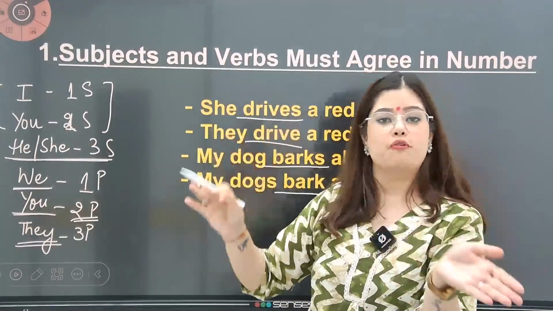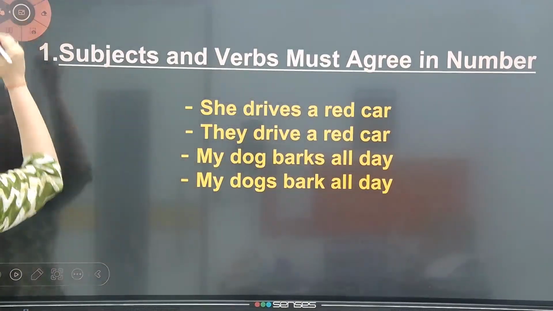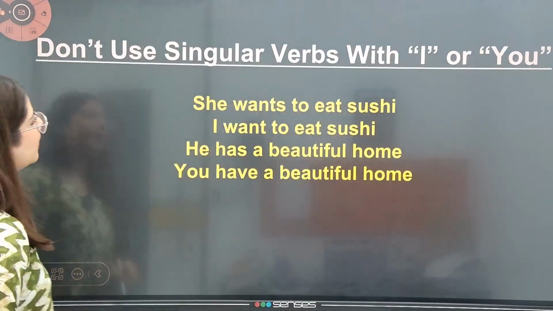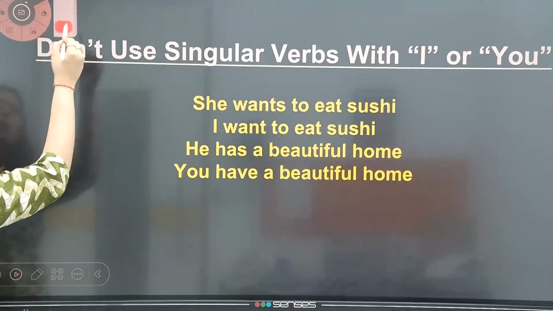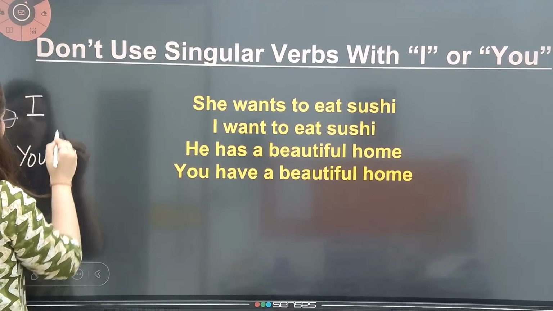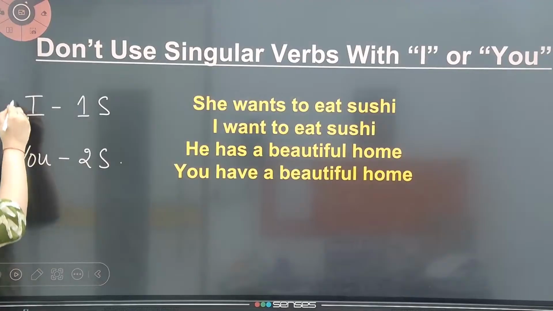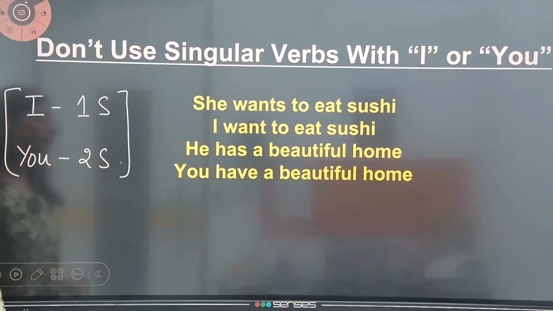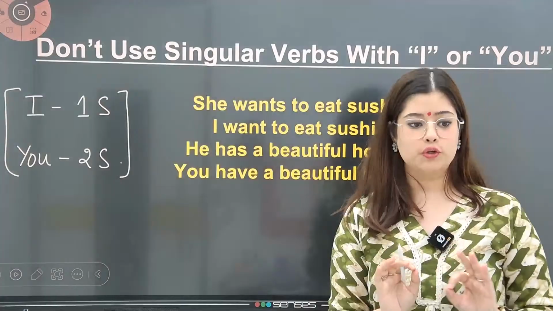So I will quickly move on to the next slide. Now, if we talk about I and you, we said that I and you are first person singular and second person singular. But I and you get special treatment.